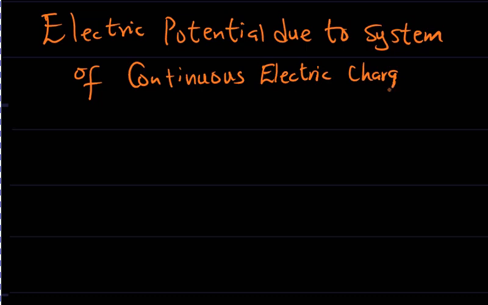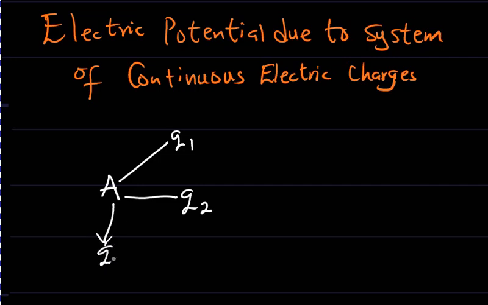Let's say there's a point where I want to measure the electric potential. The electric potential at this point is also a result of a system of charges Q1, Q2, Q3, Q4, then Q5.